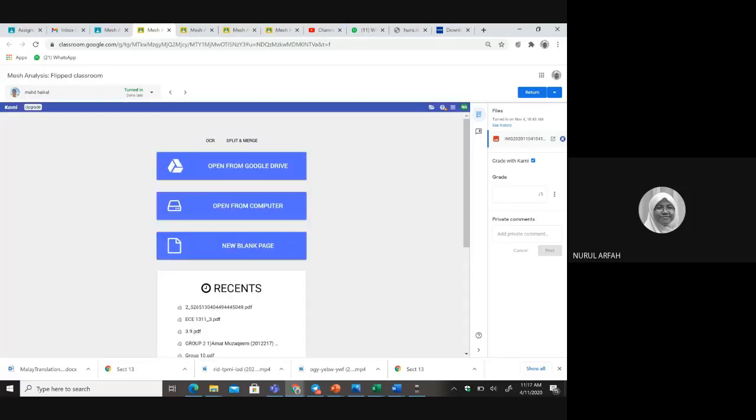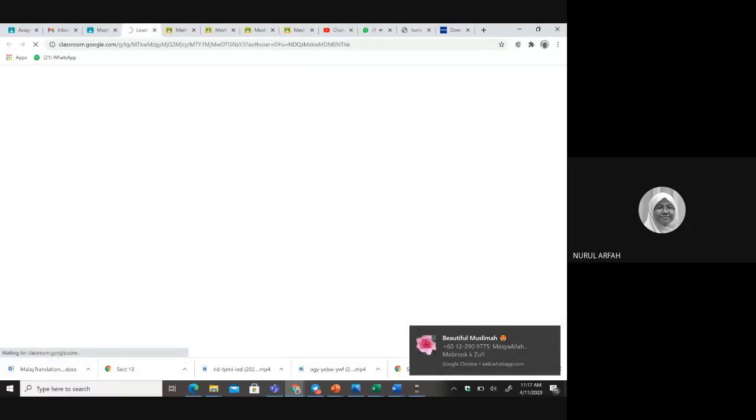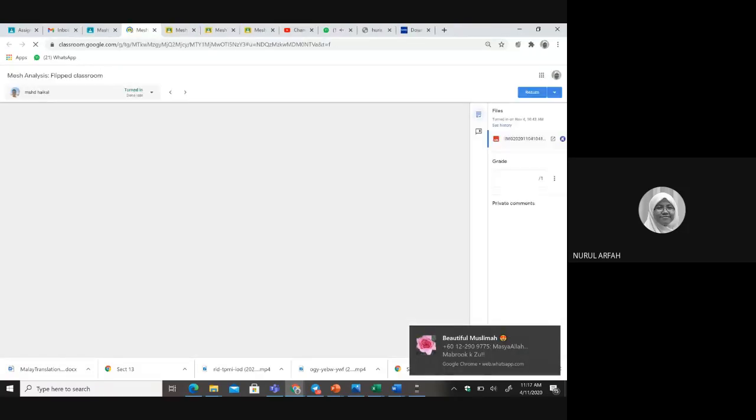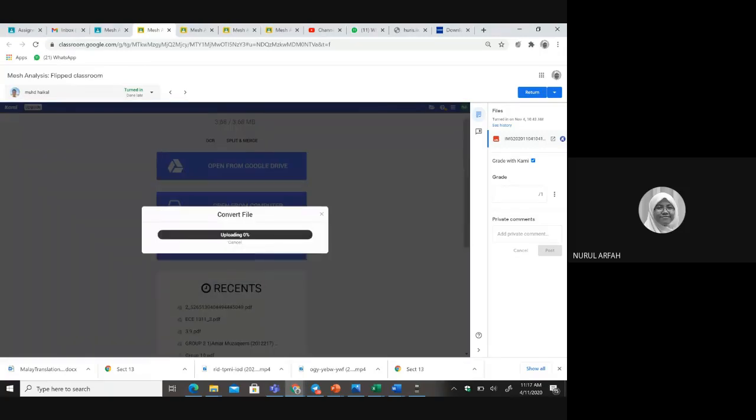Convert. So, kenapa kena convert? Kenapa tadi? Maybe document file .doc.